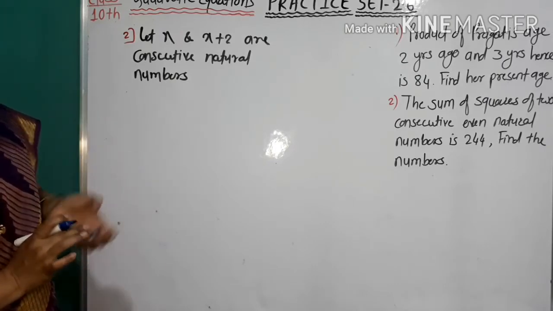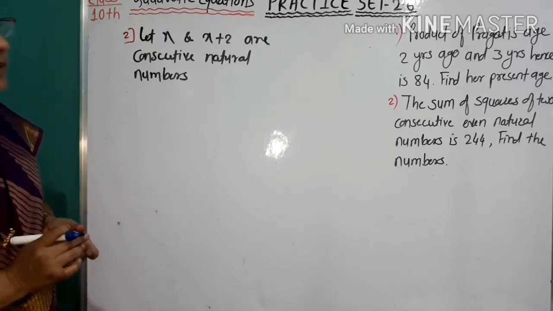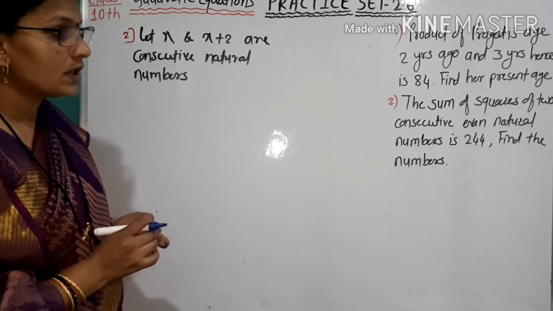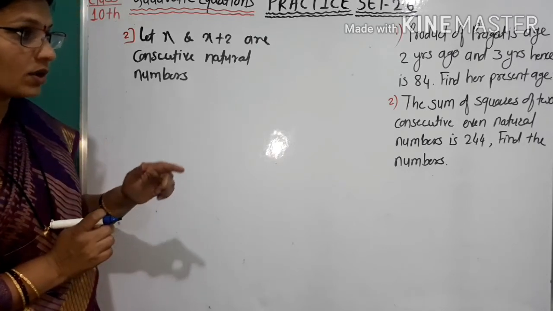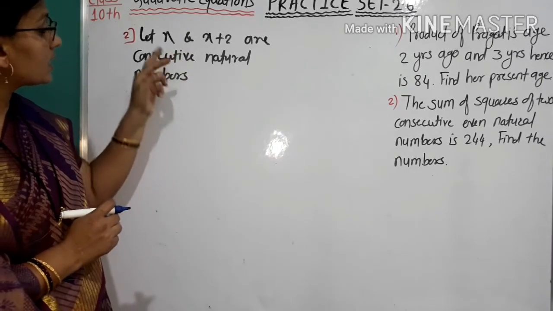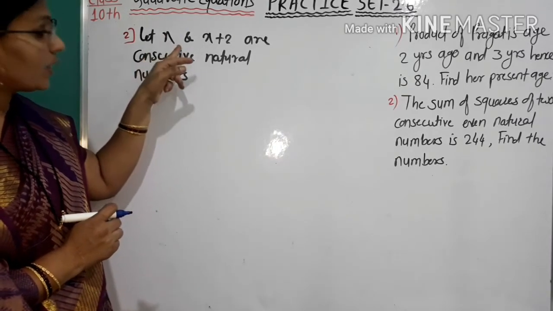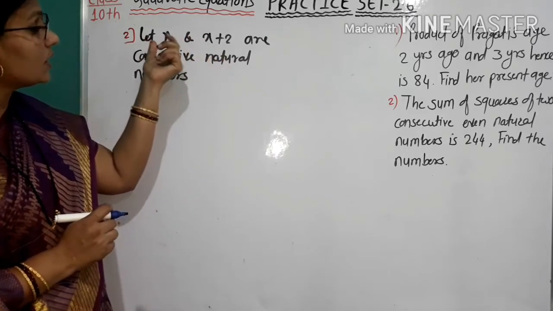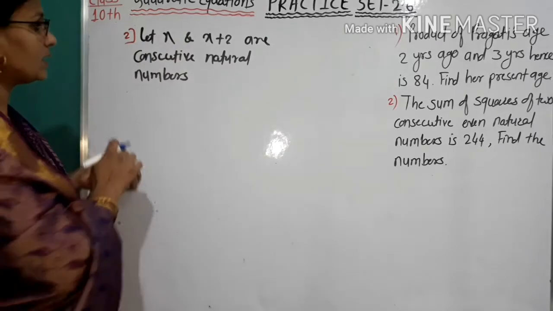Then see the condition given: the sum of squares of two consecutive even natural numbers. The sum of squares of these two numbers, that is the sum of x square plus the bracket x plus 2 squared, the sum of these squares of these two natural numbers.